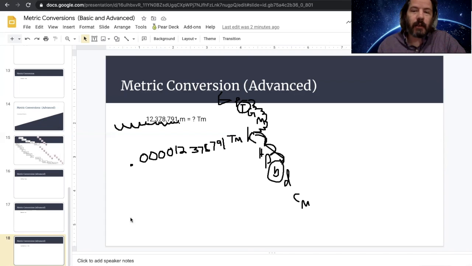So that's the basics of it. Generally in this class and most science classes, you will do kilo, and that's about where we stop. If we go beyond kilo, we're probably jumping into a completely different set of units, like astronomical units, light year, things like that, because they're even bigger than some of these others.